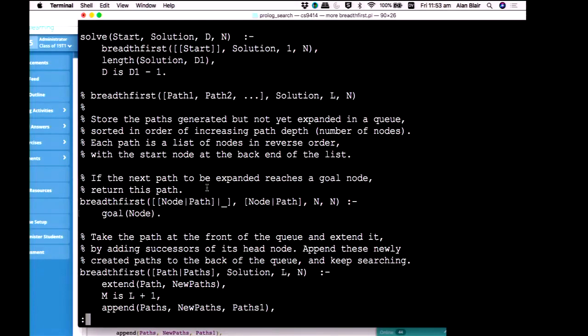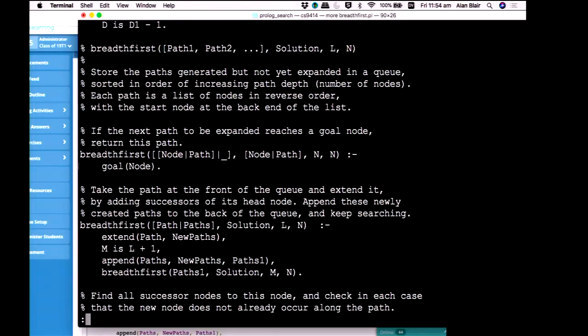I've got a list of paths to be expanded, and the paths are in reverse order, from the goal back to the initial state. So if the first node in the first path is actually a goal, that means I've solved the problem. So this is the solution, and this is the length of it.